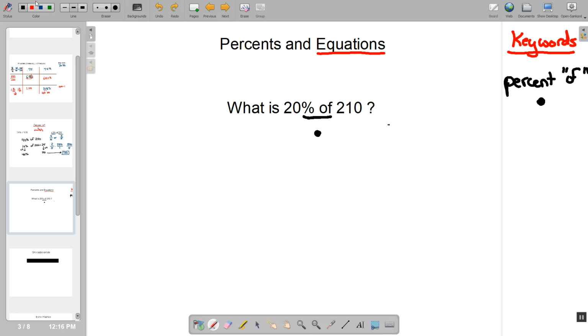Now we have to identify a few more keywords. Of is the big number 1. Is the second. And sometimes you'll get is or is equal to, things like that. Well, is almost always going to be an equal sign. Is equal to. It's going to be what separates our equation.